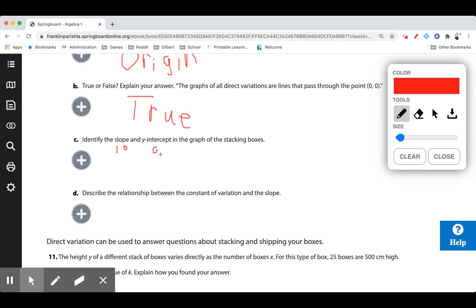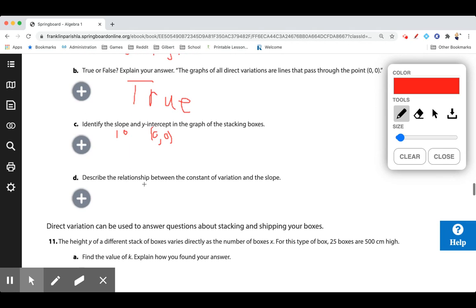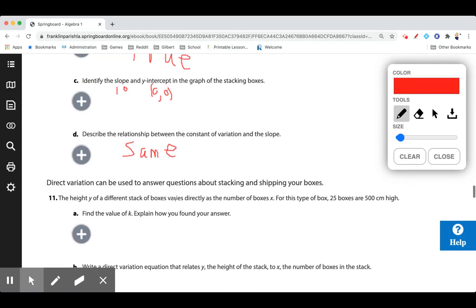Y-intercept is 0. Remember, it crosses the origin. It passes through the point 0, 0. That's when x is 0, that's the y-intercept. And right here, x is 0, the y-intercept is 0. What's the relationship between the constant of variation and the slope? They're the same. The constant of variation in direct variation is the same as the slope.